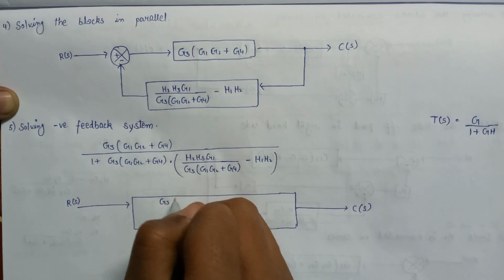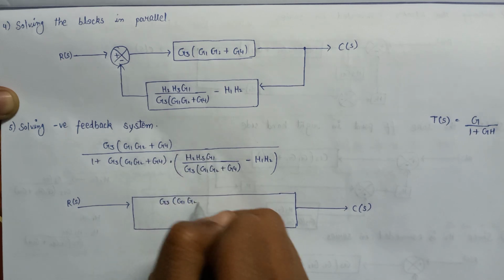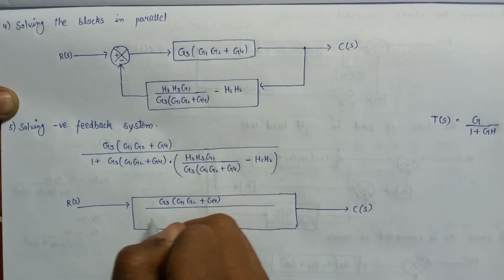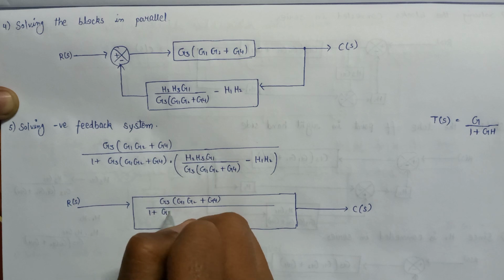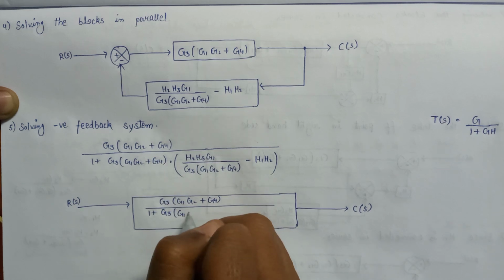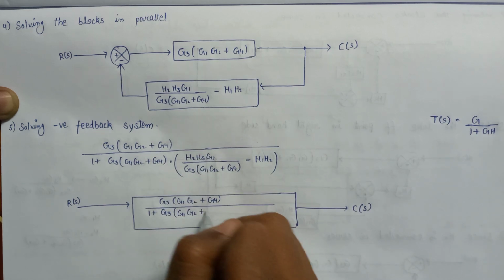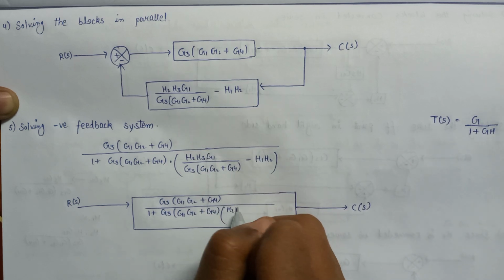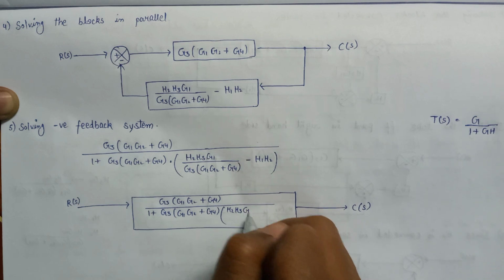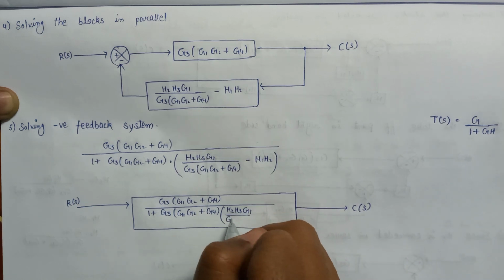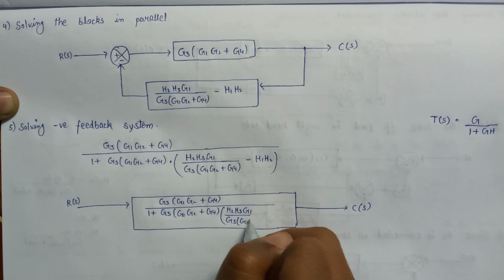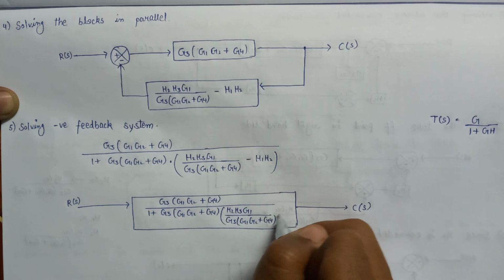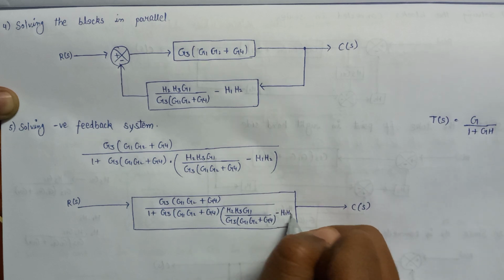So G3 (G1 G2 plus G4) divided by 1 plus G3 (G1 G2 plus G4) multiplied with H2 H3 G1 divided by G3 (G1 G2 plus G4) minus H1 H2.